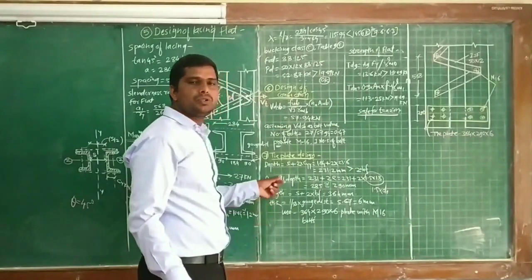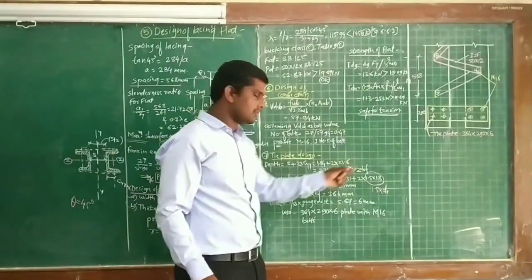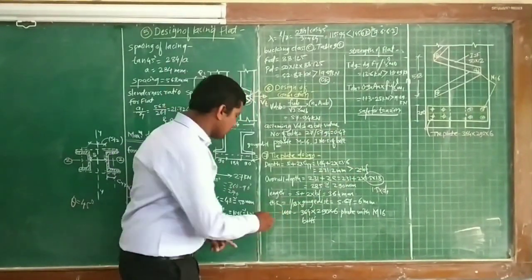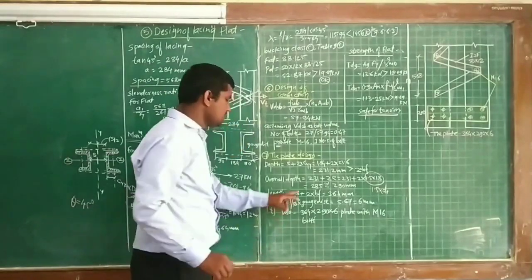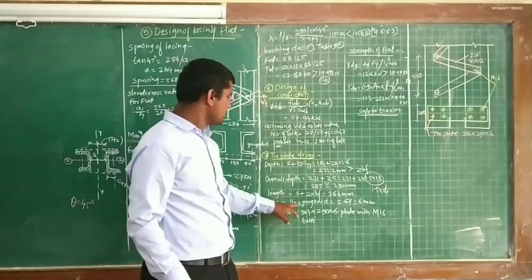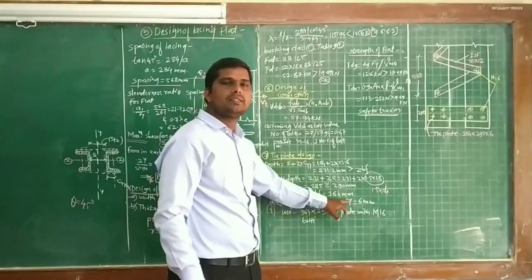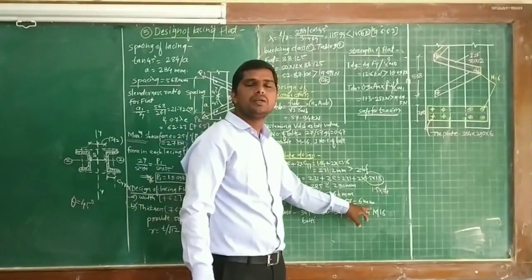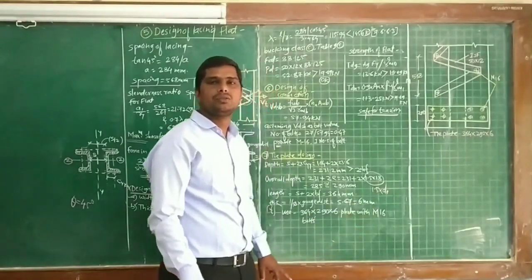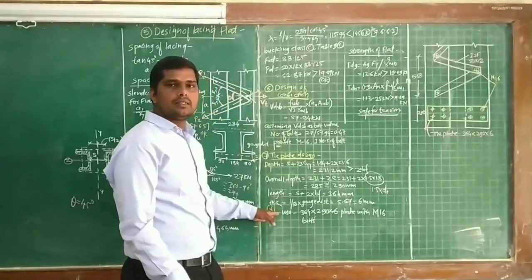Then thickness, what should be the thickness for this tie plate? Thickness t is equal to 1 by 50 times the gauge distance, and the answer will be 5.67, so we are going to consider 6 mm thickness for this tie plate.